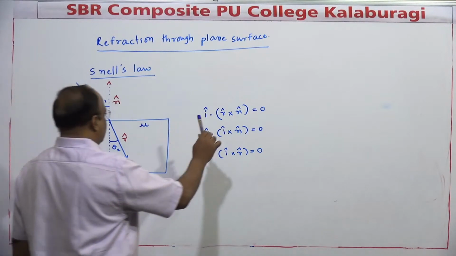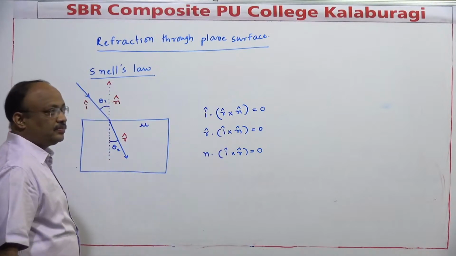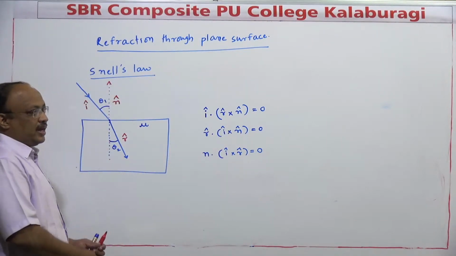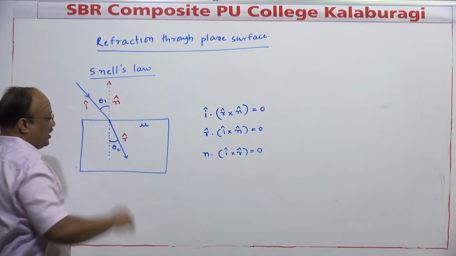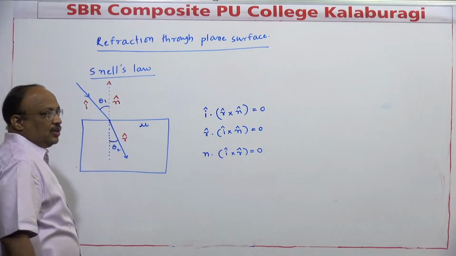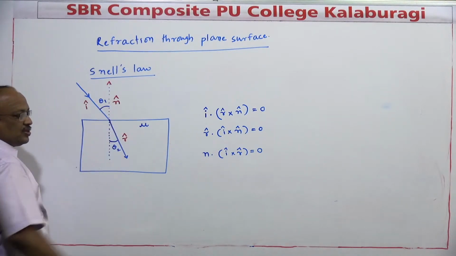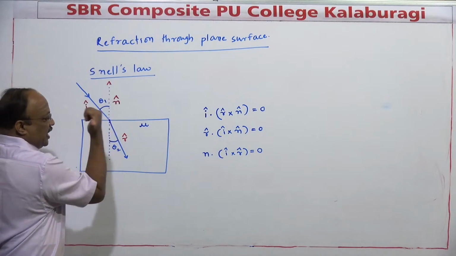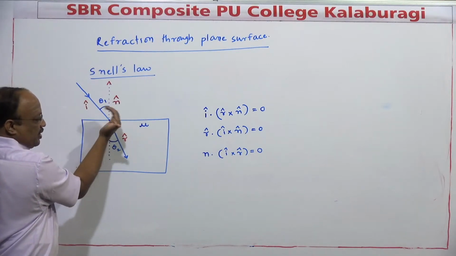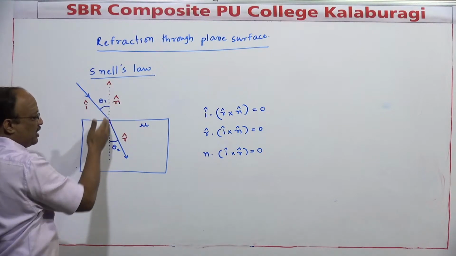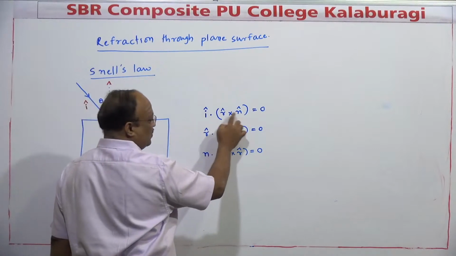So how is it? R cross n. If we take the cross product of these two vectors, a vector is coming outward, from the right hand thumb rule. Find the direction of the resultant of any two of these.